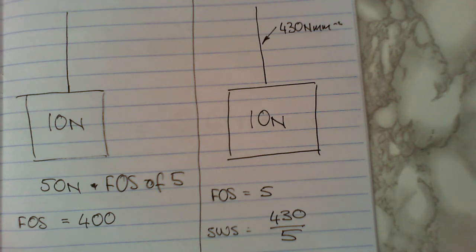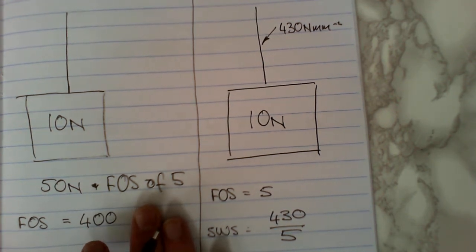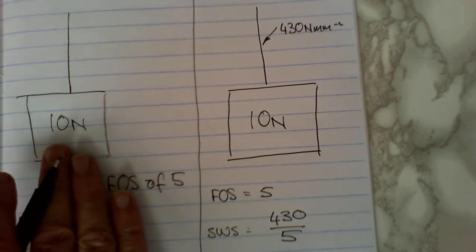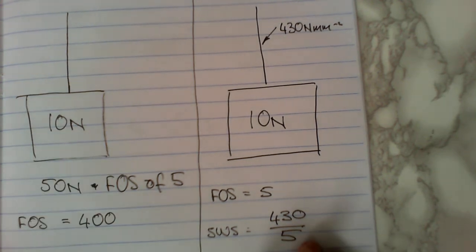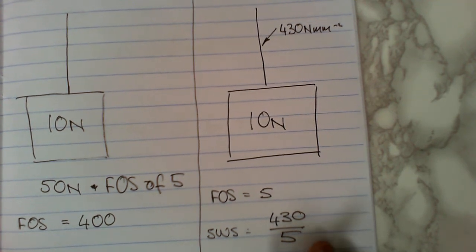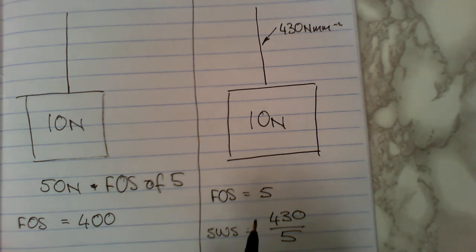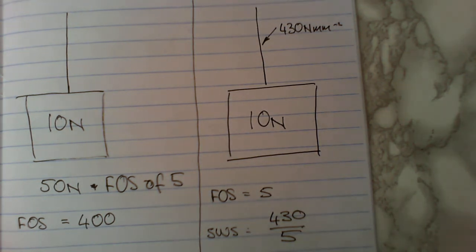Now you can see that in one of them we're multiplying by 5 to give us 50 newtons. In this one here we're dividing by 5. It's dead easy to get it mixed up. It's very easy to get it mixed up, and in fact I've seen pupils doing both of these, so they end up with a factor of safety of 25.